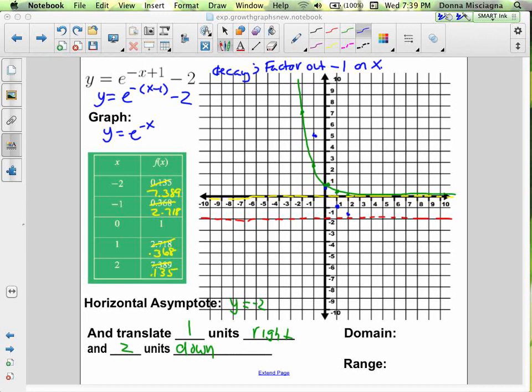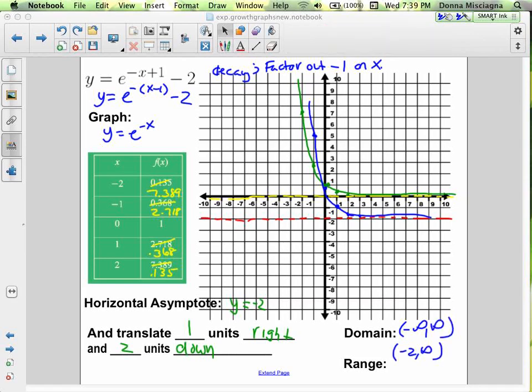So a third, and like an eighth. And there we go. So our graph has now been shifted 1 to the right and 2 down. The domain, as always, for every single exponential is all real numbers. And the range is negative 2 to infinity because we shifted the function down 2.